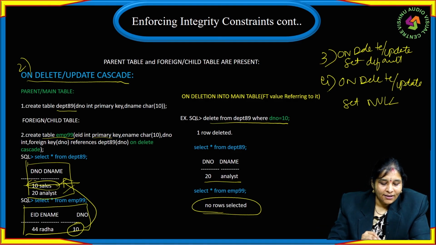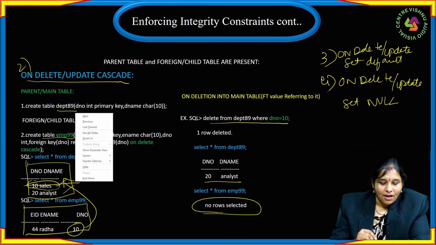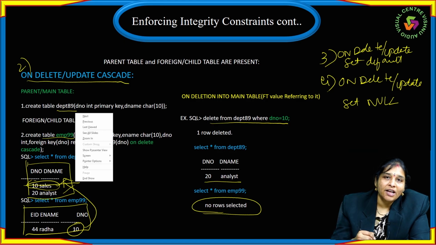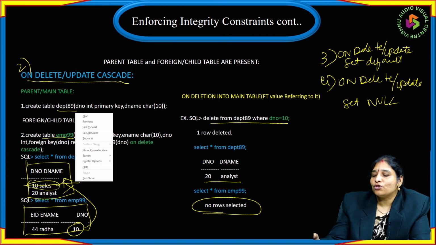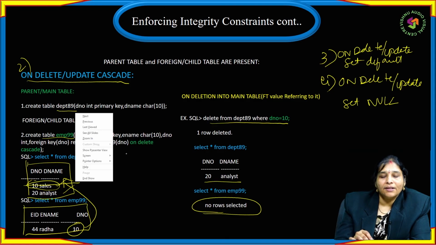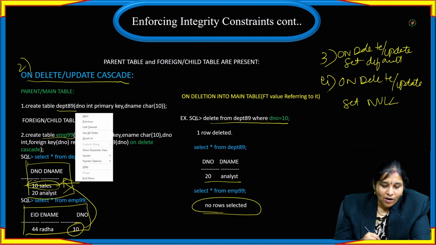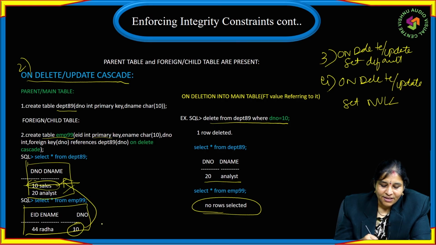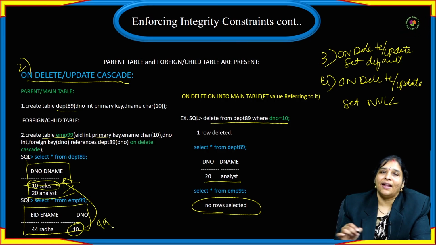Yes, you can delete any record in the main table, but the corresponding child table referring field values underneath that particular field name have to be replaced with the default value that you declared during table creation. For example, if I have created that D number default as 99, once you remove the 10, it is replaced with the default value 99.